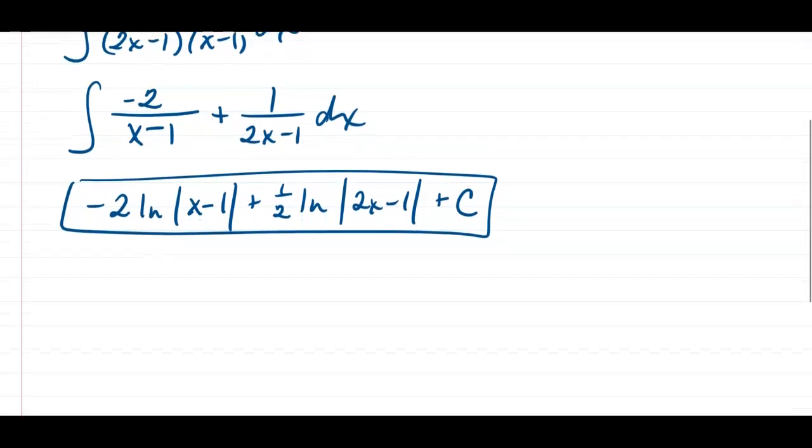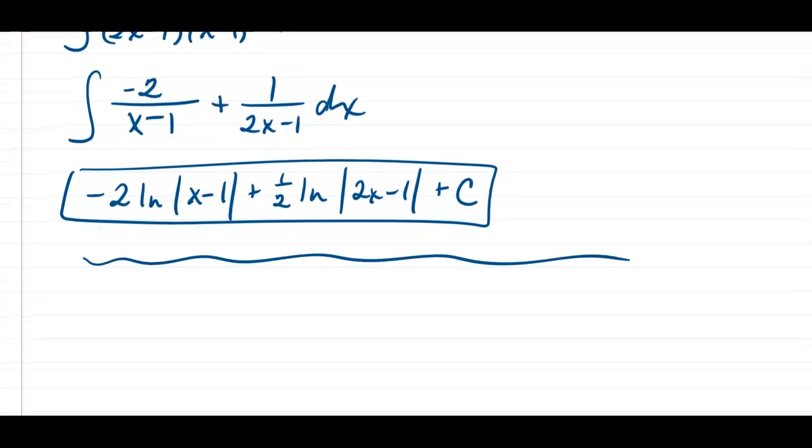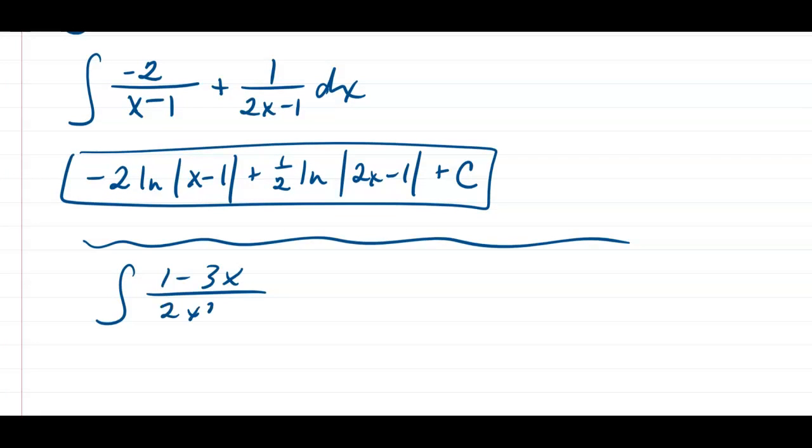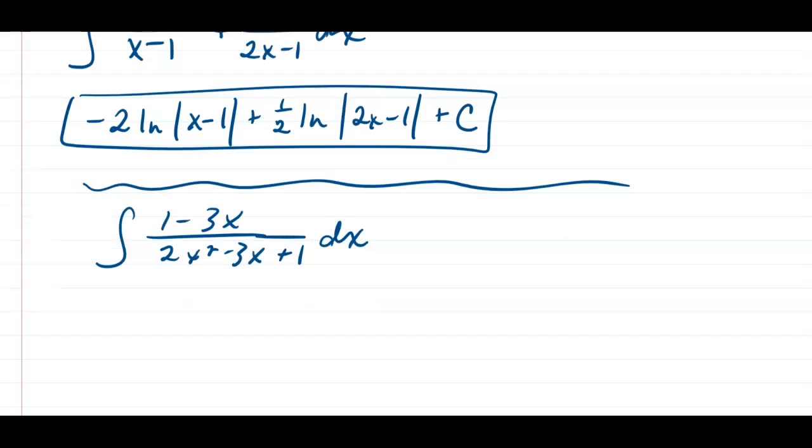And so I'm going to rewrite our integral again. It's the integral of (1 minus 3x) over (2x squared minus 3x plus 1) dx. We are going to take the integrand and write the factored form.